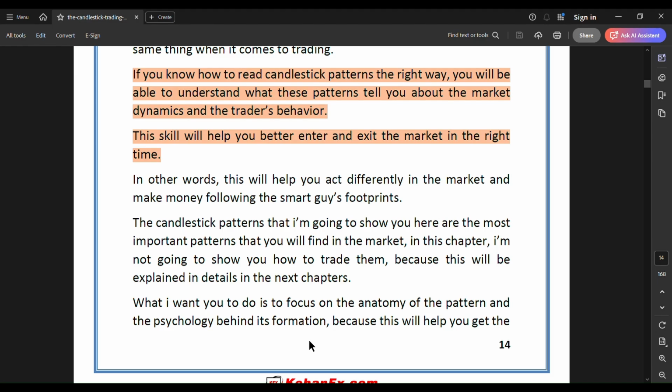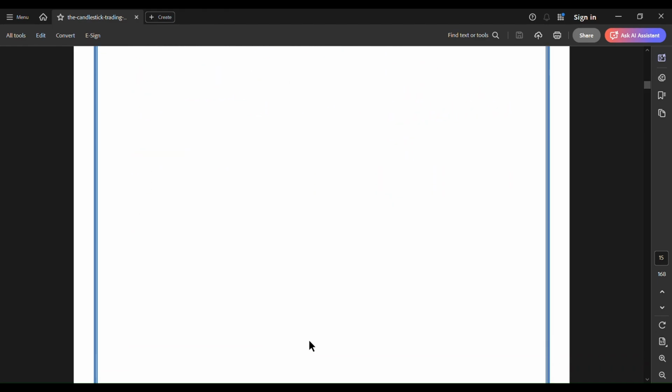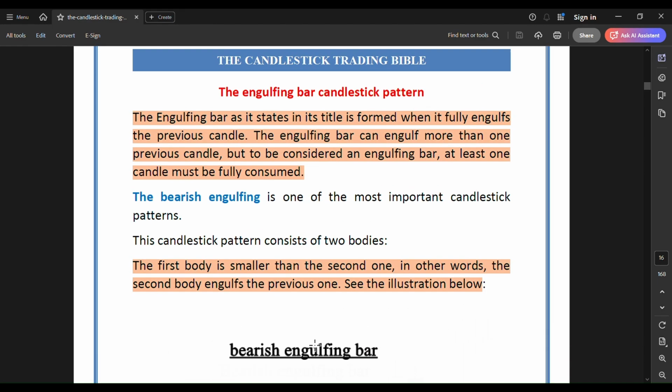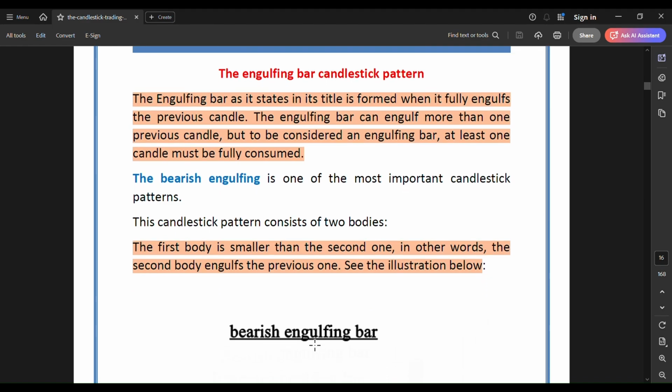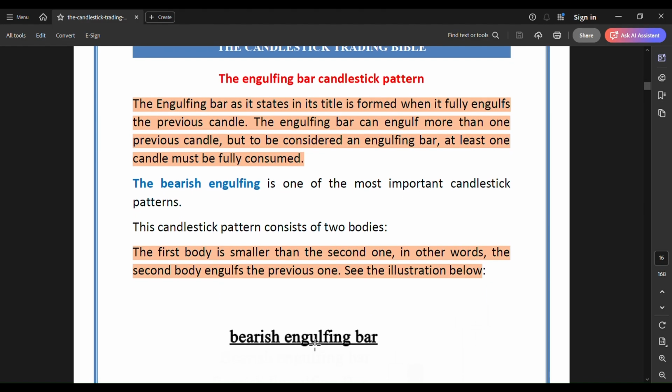Okay, so we can now start off by looking at a specific candlestick pattern, and we're going to start by looking at the engulfing bear candle. The engulfing bear candle, as it states in its title, is formed when it fully engulfs the previous candle.